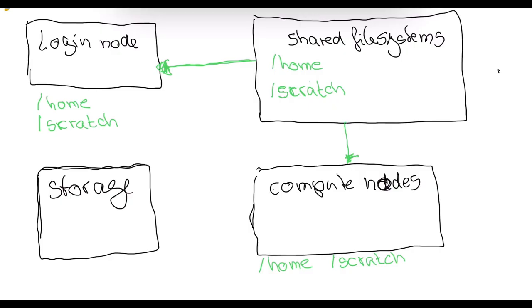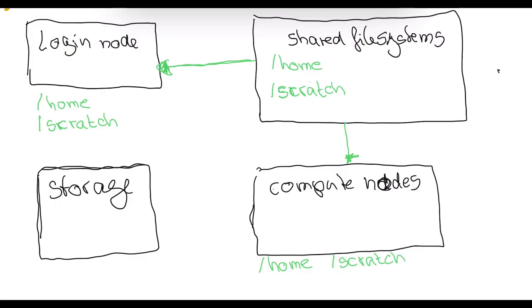So there are usually limitations and restrictions on Scratch: larger quotas on disk space, limits on the number of files you're allowed to have, so the inode quotas, and in most cases a limit on how old your files or data is allowed to be, so you can't keep files in there for a long time. In a lot of cases the time is a month or 3 months or something like that.